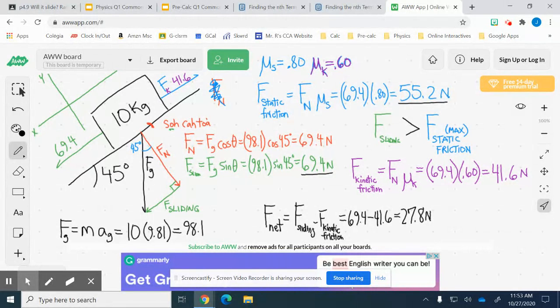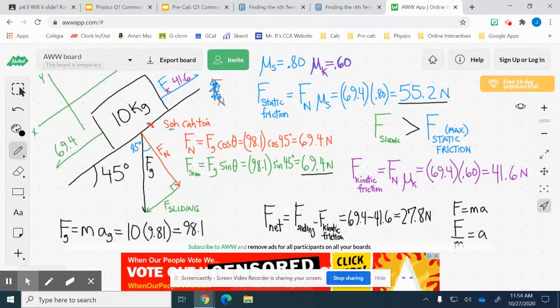And to top it all off, now we're trying to figure out, remember, if it slides, how fast is it going to slide? How fast is it going to accelerate? Because it has an unbalanced force on it, right? So we just go back to Newton's second law, F equals ma, right? Except we want acceleration, so we're going to say F over m equals a.